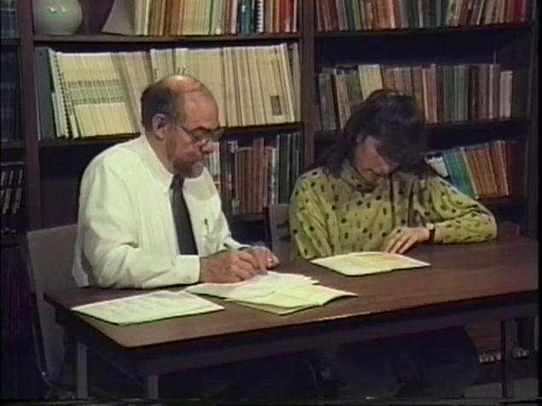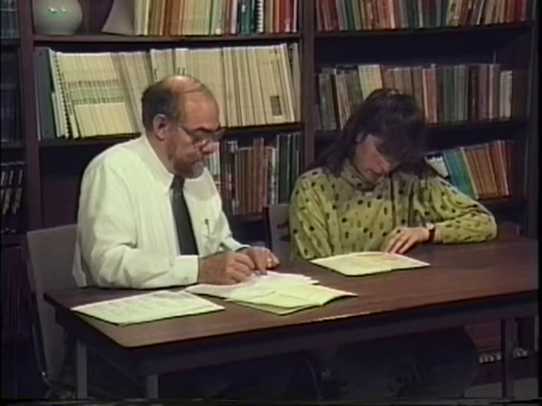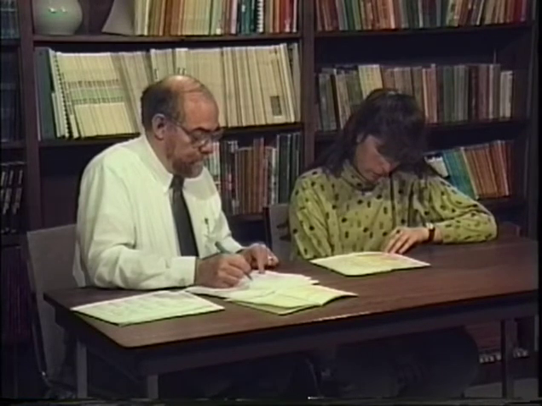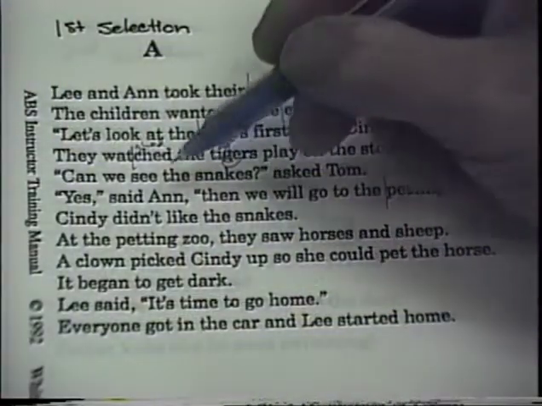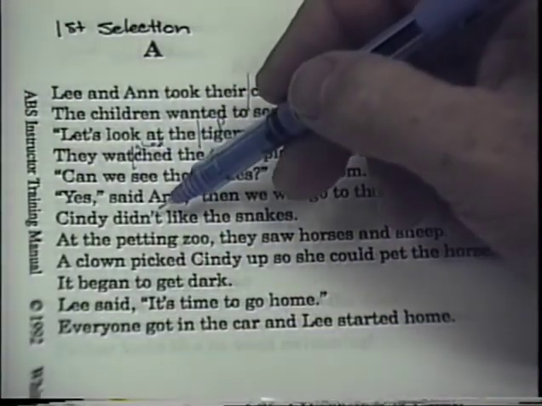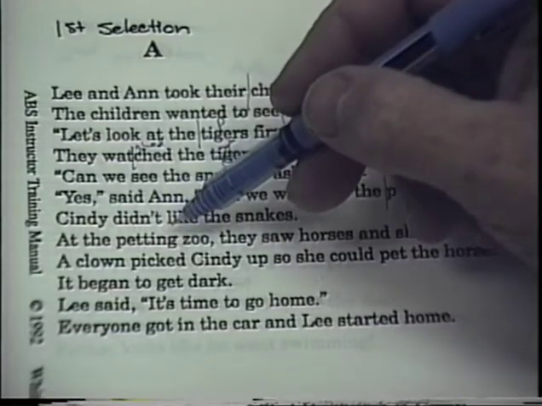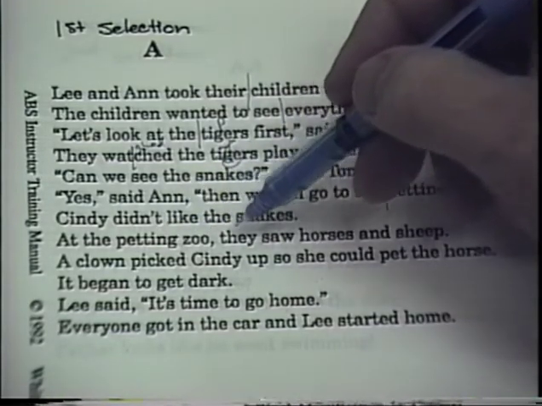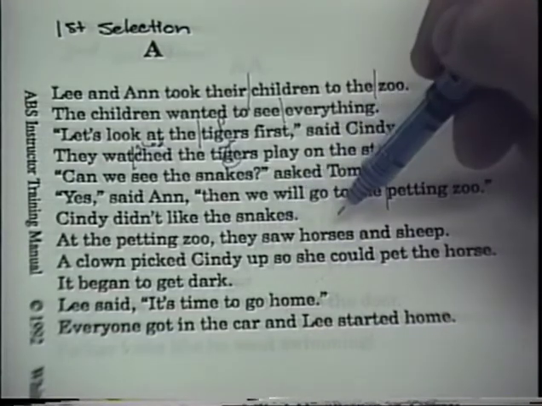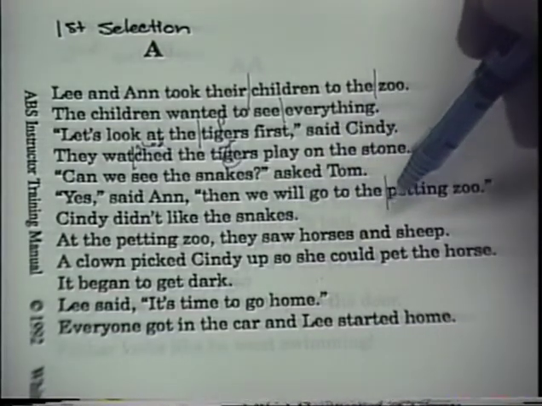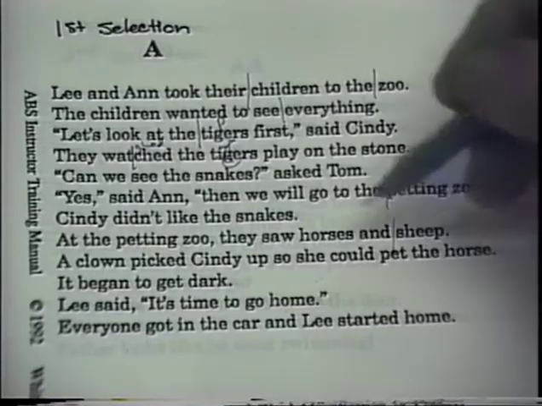Yes, said Lee, and then we will go to the petting zoo. Cindy didn't like the snakes. At the petting zoo, they saw horses and sheep.